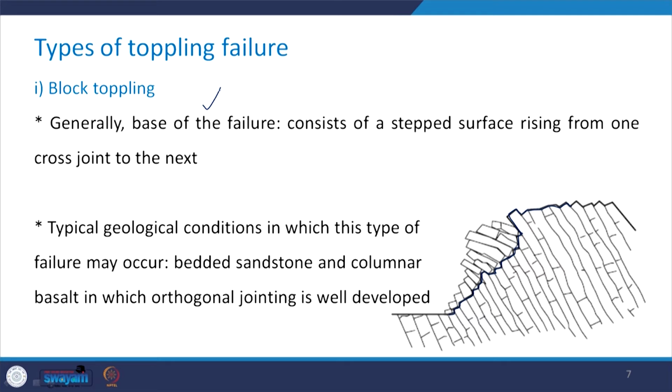Typical geological conditions in which this type of failure may occur involve bedded sandstone and columnar basalt, in which orthogonal jointing is well developed.